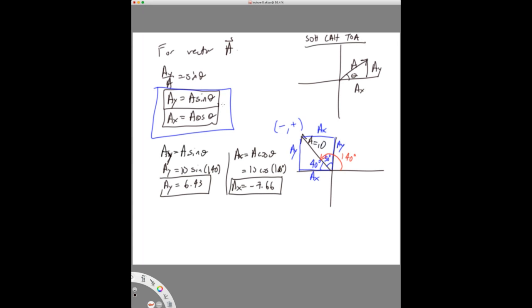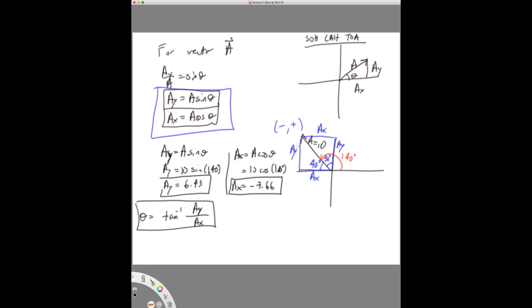Haley, will these formulas be on the sheet for the test? Yes, 100% absolutely, they will be. As well as we will have inverse tangent, or we'll have theta equals inverse tangent of ay over ax. Because the same exact logic, when we leave the first quadrant and go into other quadrants, your calculator is also sort of pre-programmed that as long as you put the y component over the x component, it knows what you're talking about.